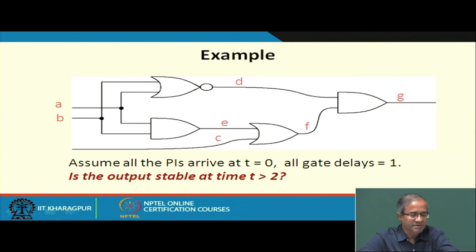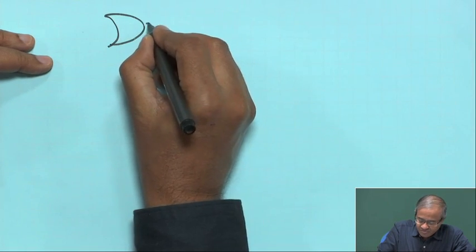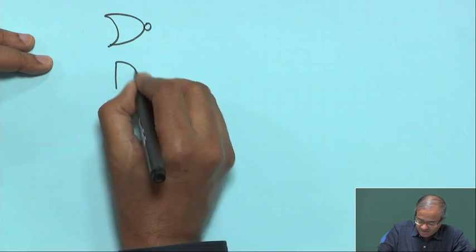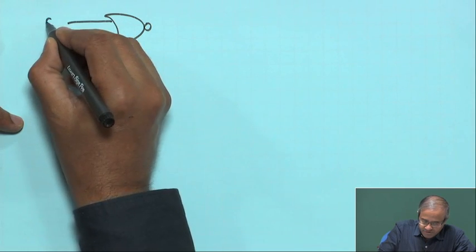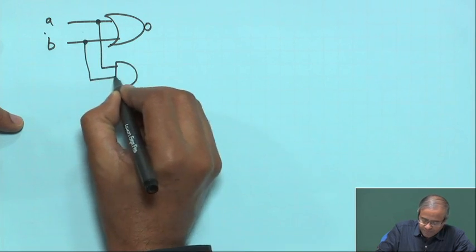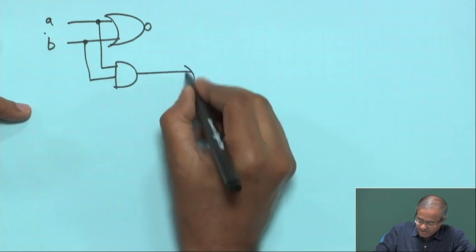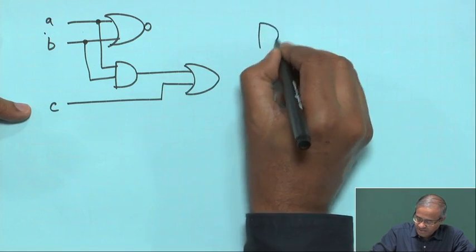So, a very simple example here. We consider this circuit. Let us just work out this circuit once more. Essentially, A and B are applied to both these inputs, and you have an OR gate. C is applied here, then you have an AND gate.